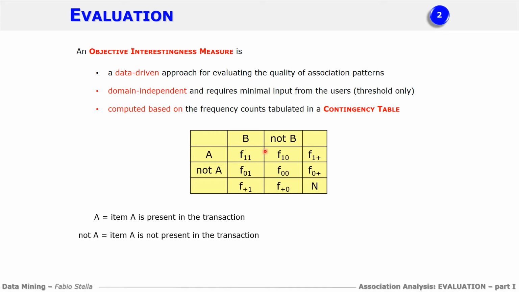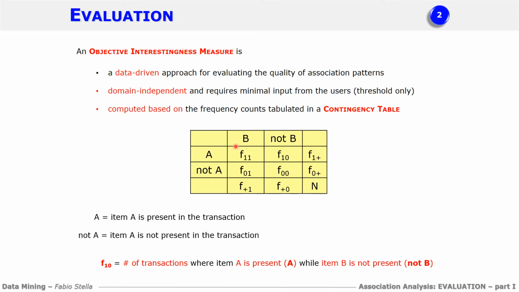The elements of the contingency table can be introduced as follows. In particular, F10 has the following meaning: it is the number of transactions where item A is present, while item B is not present.